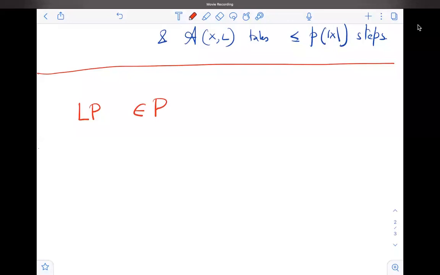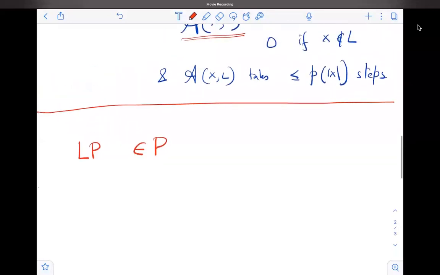Whenever I'm talking about P, I might be a bit shaky because I'm going to talk about optimization problems. But you should think of it as a decision problem, meaning whether there exists an optimization value which is less than K or more than K. That is the decision version of the problem. So whenever I'm saying that LP is in P, I mean the decision version of LP is in P.